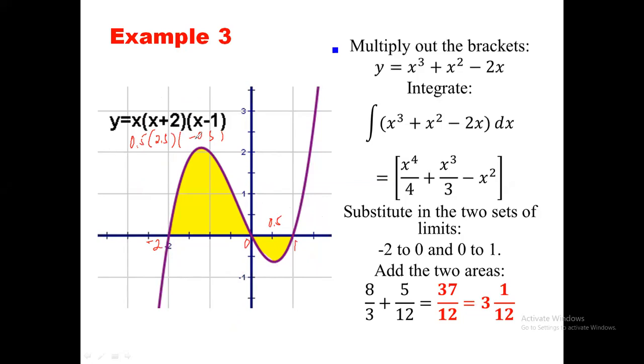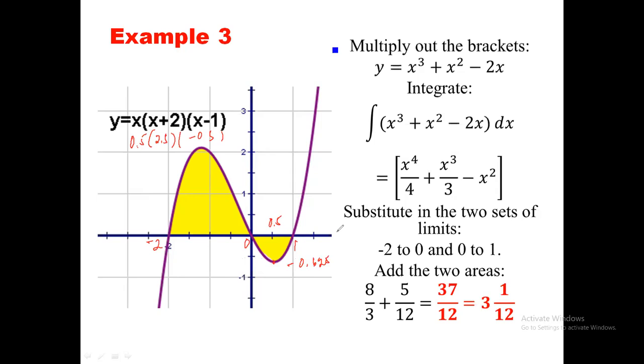So it's negative, see? The answer is negative something. Compute it: 0.5 times 2.5, that's 1.25. Times -0.5, that's 0.625.